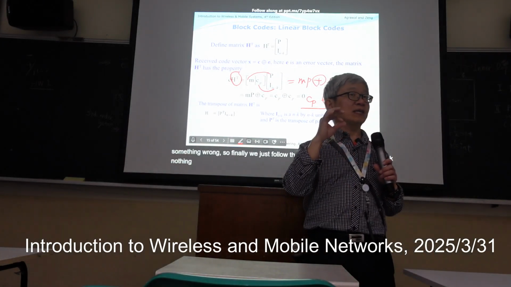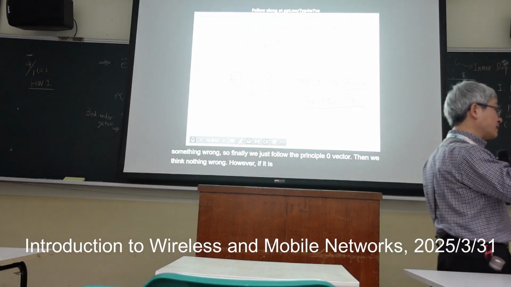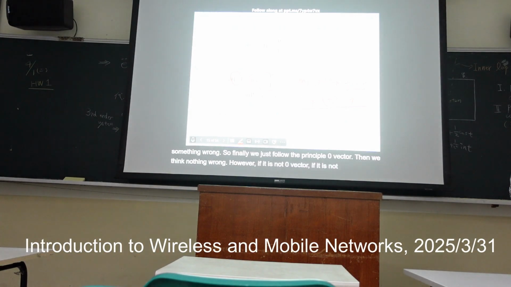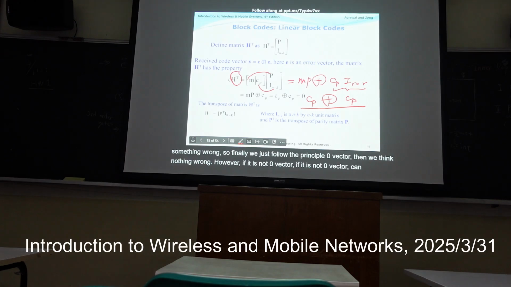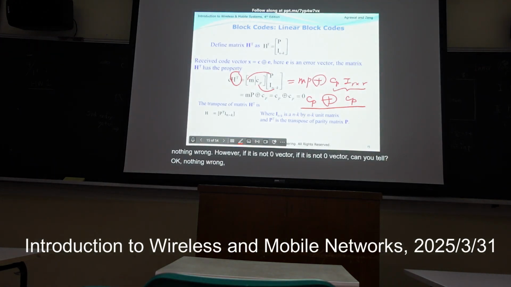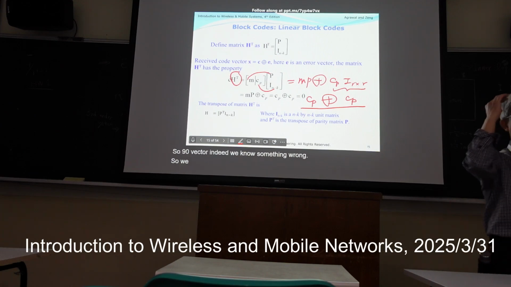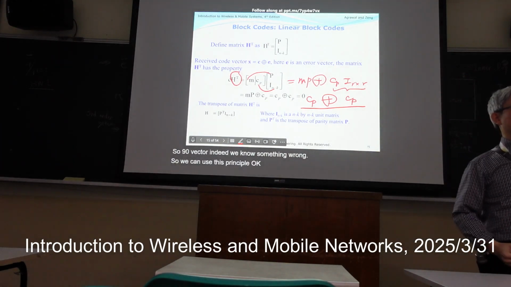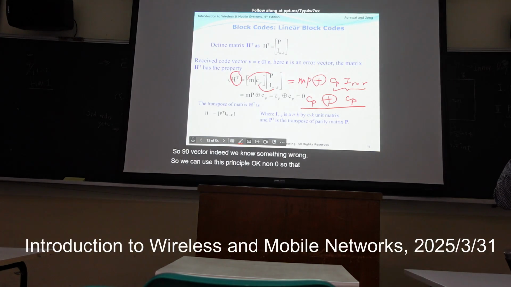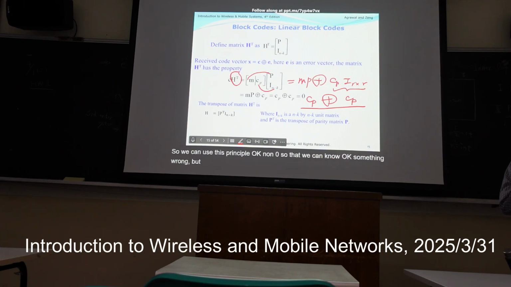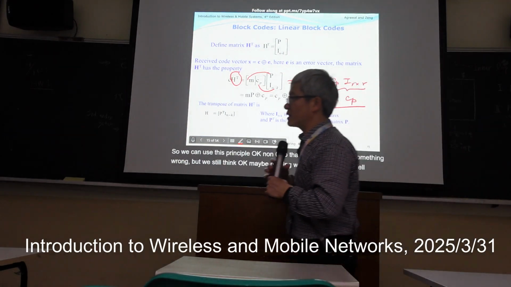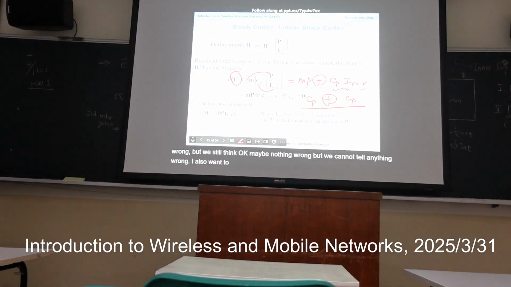However, if it is not a 0 vector, can you tell nothing is wrong? No, right? So with a non-zero vector, we know something is wrong. So we can use this principle. But with a 0 vector, we still think maybe nothing is wrong, but we cannot tell anything wrong. So we want to pass on this principle to make the judgment.